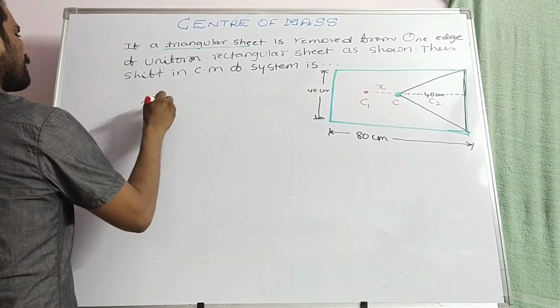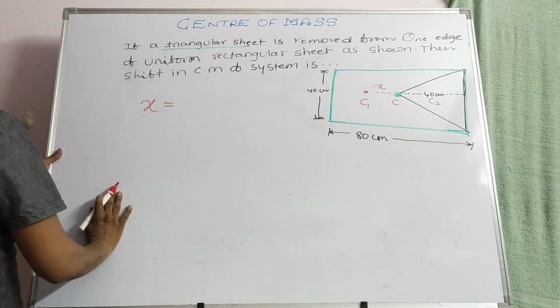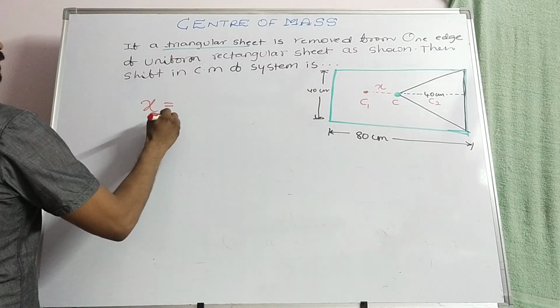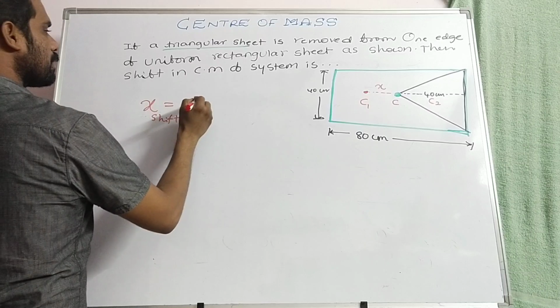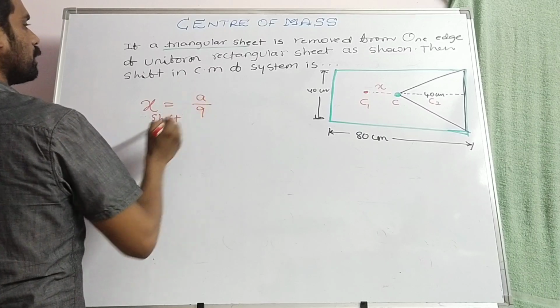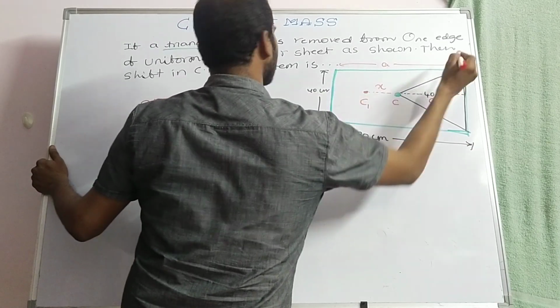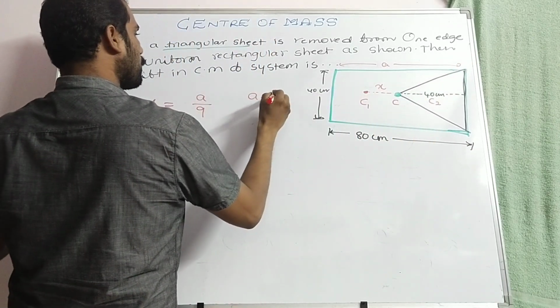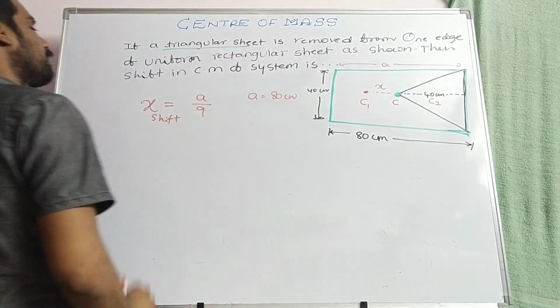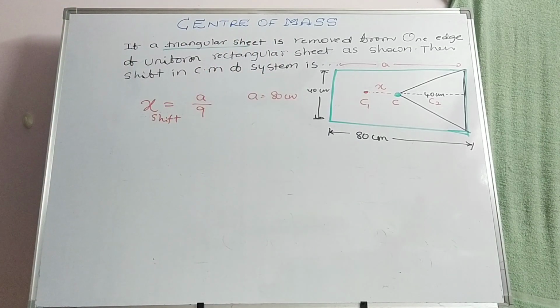Now X shift is equal to, there is a shortcut we have to use, that is side A by 9. Say this is A is equal to 80 centimeters, given. So we can write that as 80 by 9.